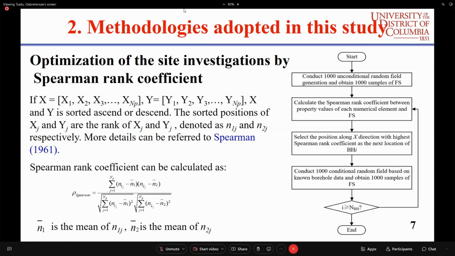Then we calculate the DMN rank coefficient between each element and the factor of safety. And then we calculate the DMN rank coefficient at all the available possible locations and choose the maximum value as the next possible location. Finally, the target number of possible locations is reached.